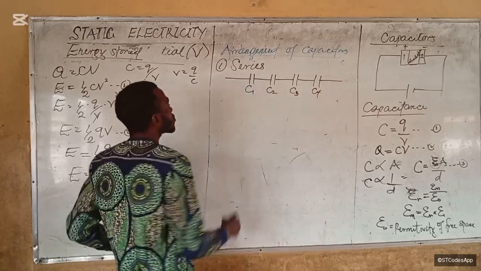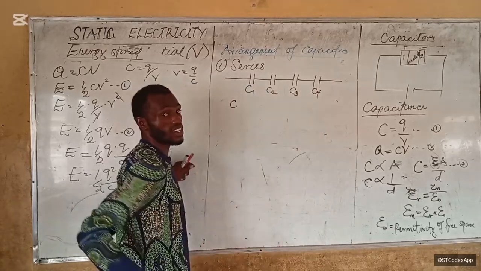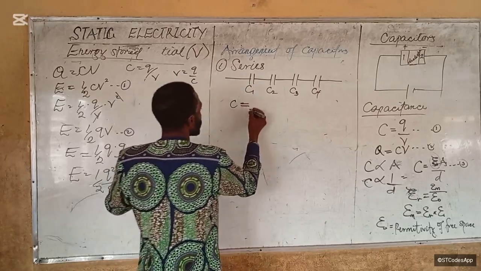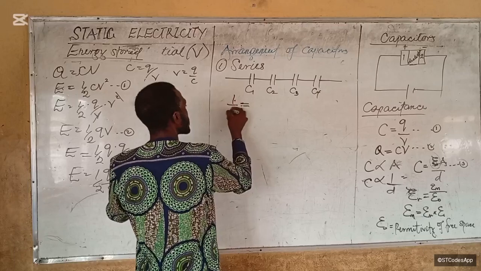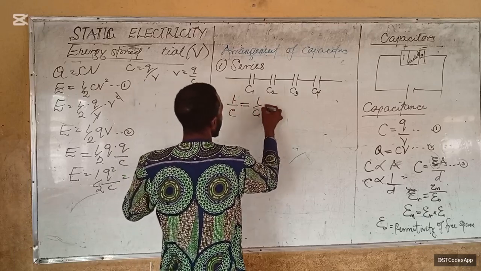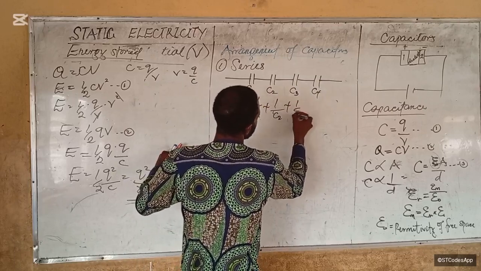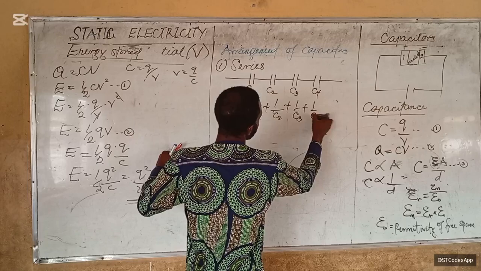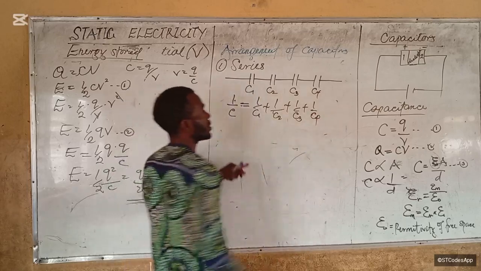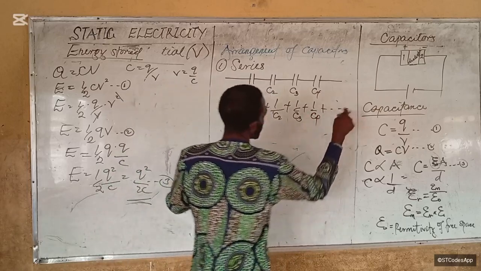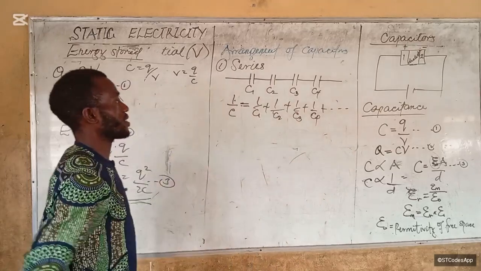Is that okay? So the equivalent capacitance, or the total capacitance here, will be: 1 over C is equal to 1 over C1 plus 1 over C2 plus 1 over C3 plus 1 over C4 plus dot dot dot. It continues on and on like that.